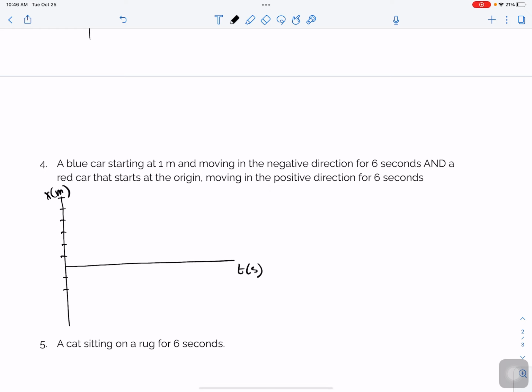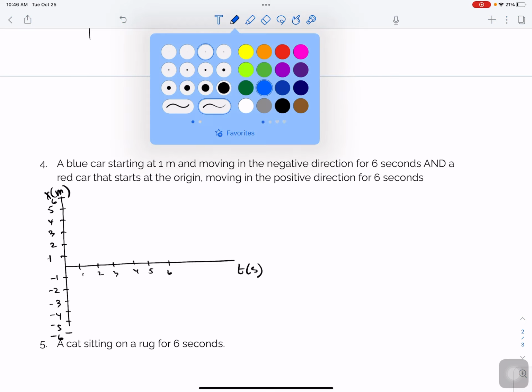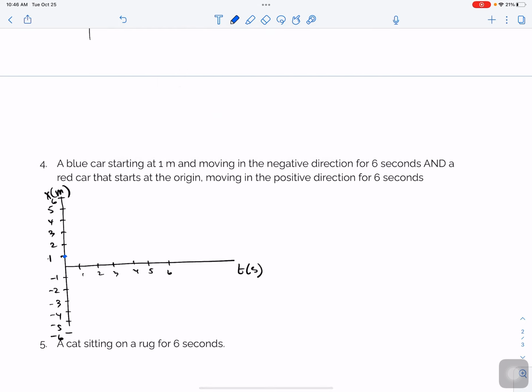You usually want to take some time and make these as even as possible. And then 1, 2, 3, 4, 5, 6.